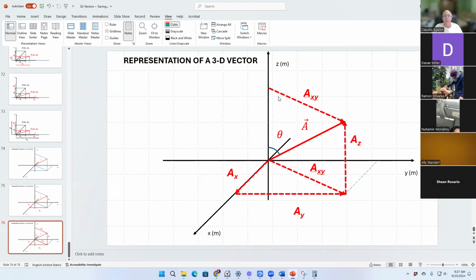Okay. And look at the triangle, right angle triangle that we have here, right?